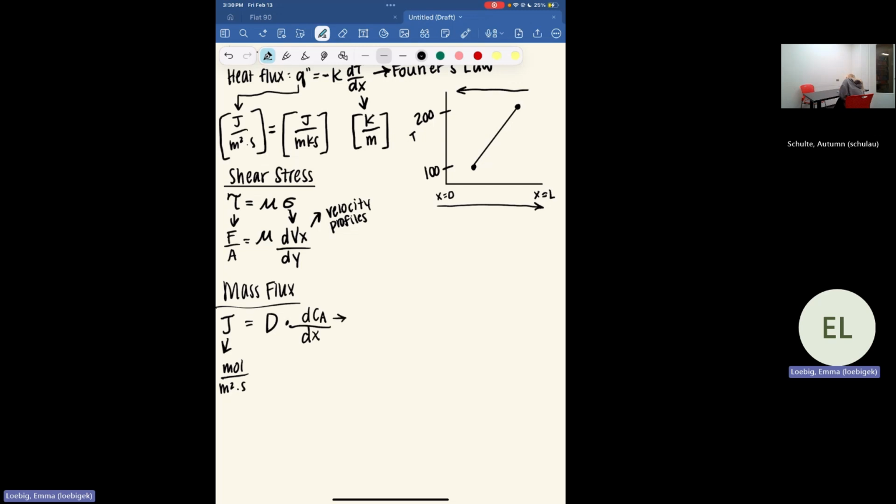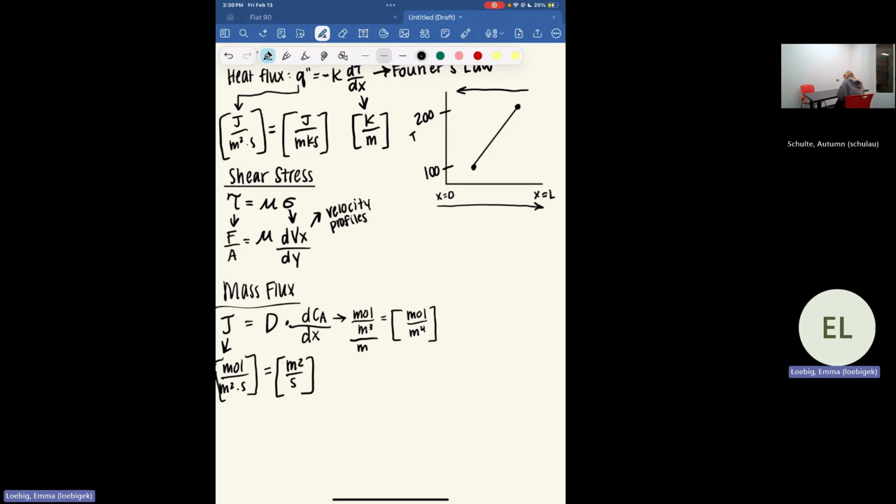Concentration has units of moles per meter cubed over our change in position in meters gets us units of moles per meter to the fourth power. Seeing this, we know that our diffusion coefficient must have units of meters squared per second.